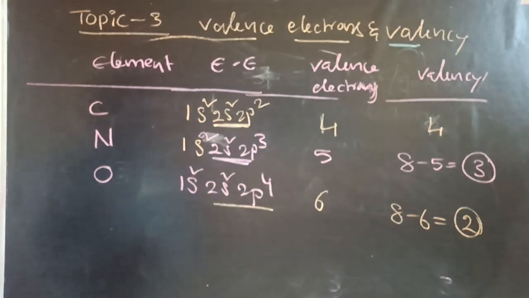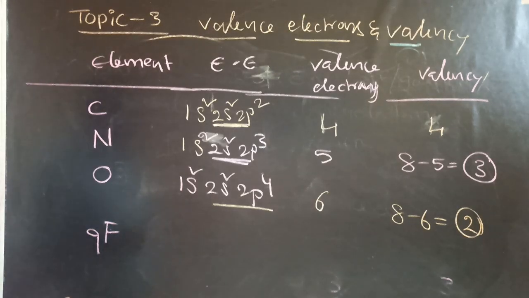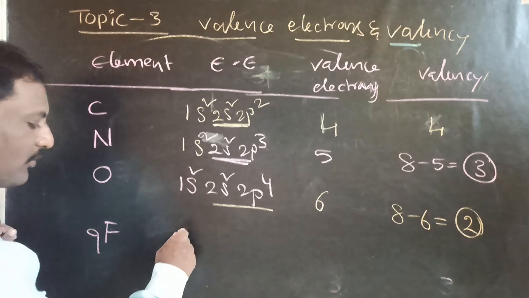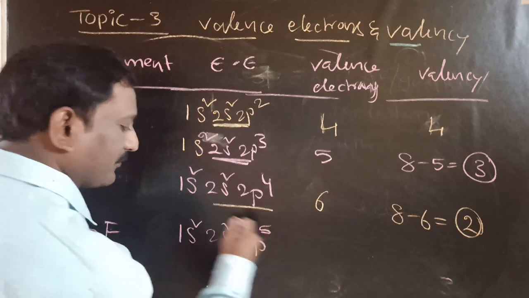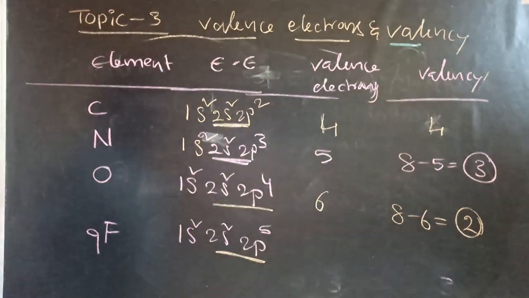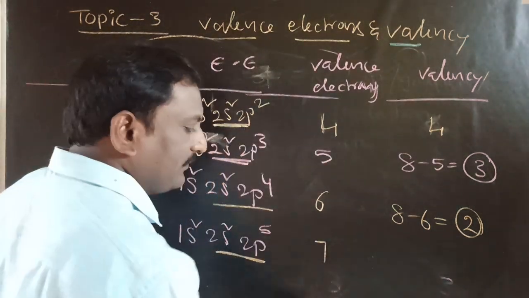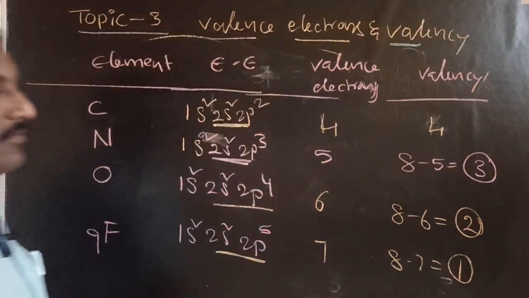Oxygen valence is 2. Next one, fluorine, atomic number 9, electronic configuration 1s2, 2s2, 2p5. So the second shell will be the valence shell, valence electrons 7, 8 minus 7 equals 1. The valency is 1.